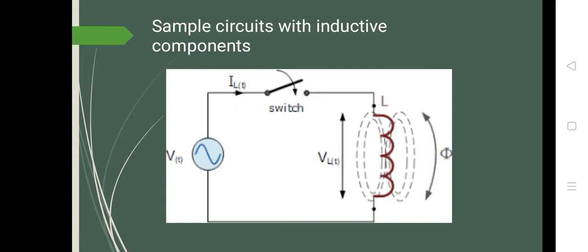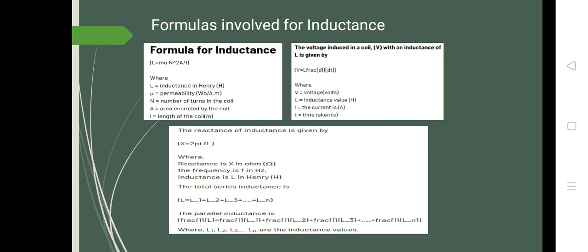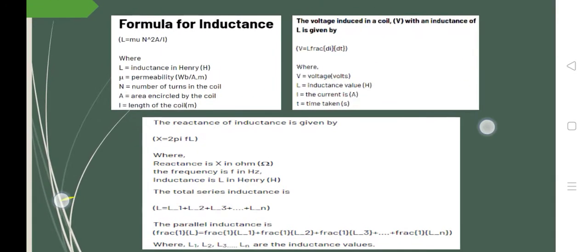So, formulas involved for inductance. Here is the formula involved for inductance. I will just enlarge it to see.